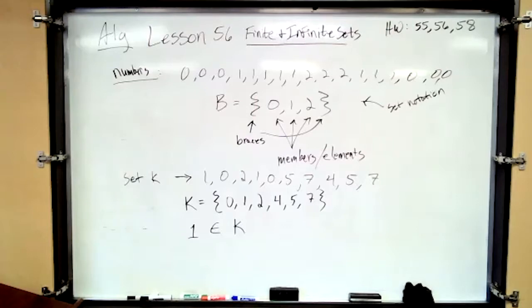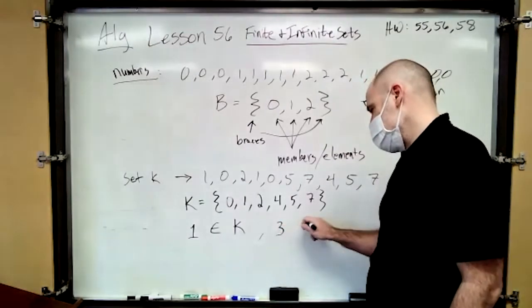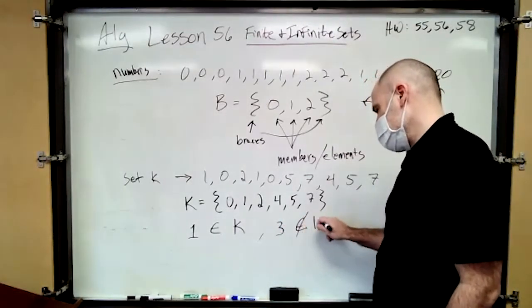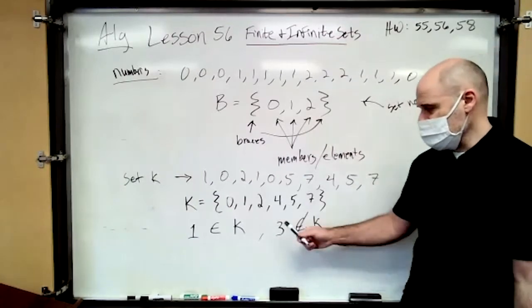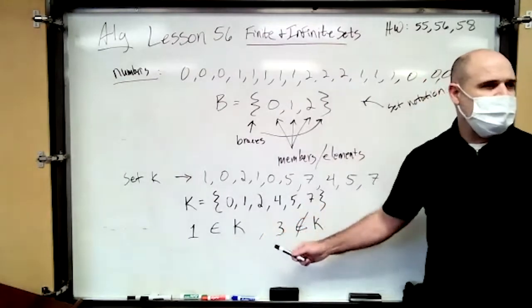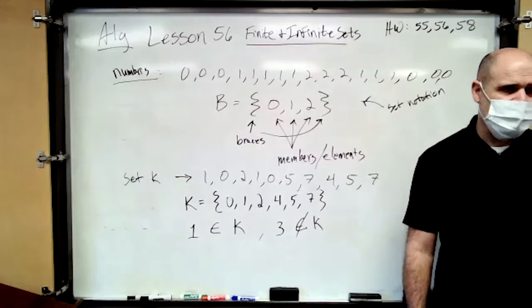Element. So that's an E. So 1 is an element of K. Okay? I could also say that 3 is not an element of K, or not a member of K. So far, so good? Pretty easy? So you're going to have true or false questions on one of your tests coming up. And they're going to look like this, and you just have to say true or false. That's pretty doable, right?